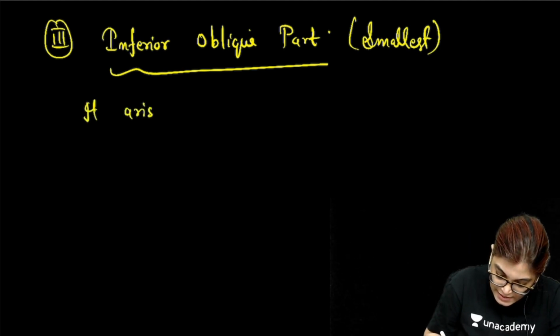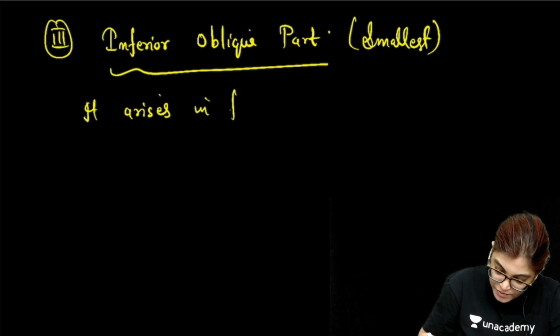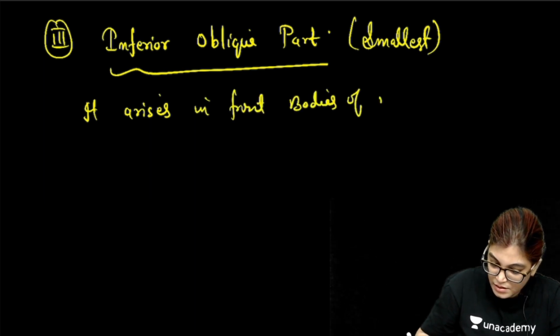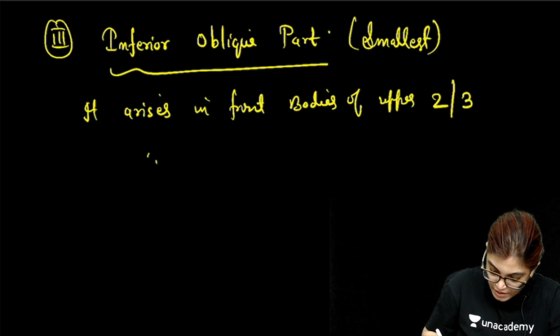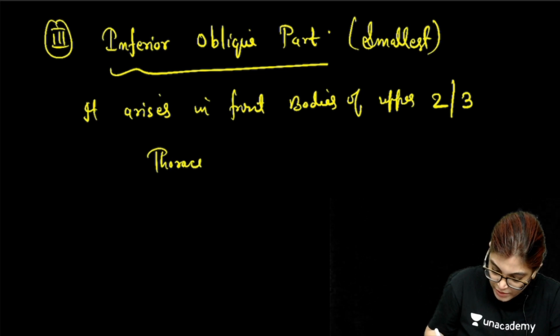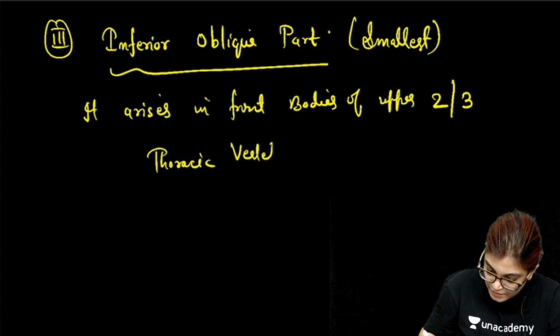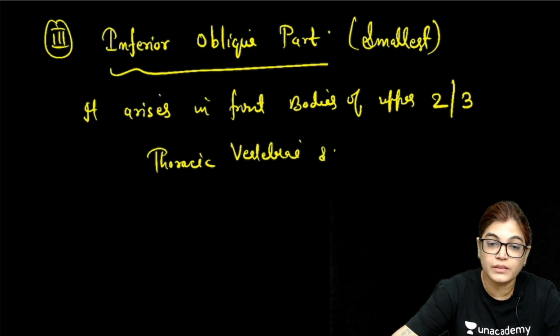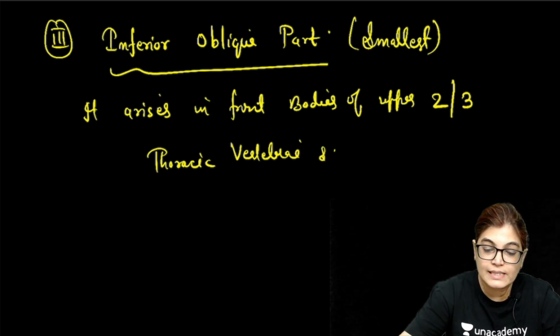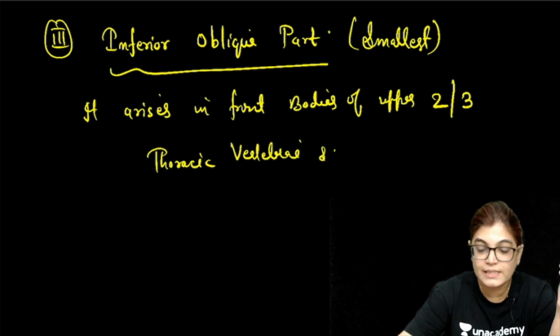It arises in front of the bodies of the upper 2 or 3 thoracic vertebrae, and thereafter these fibers are inserted. It goes upwards and inserts onto the 5th and 6th cervical vertebra.